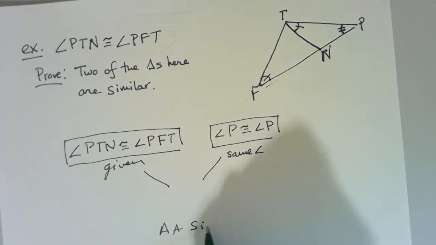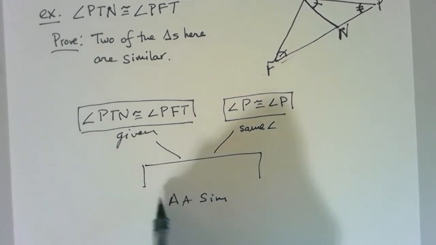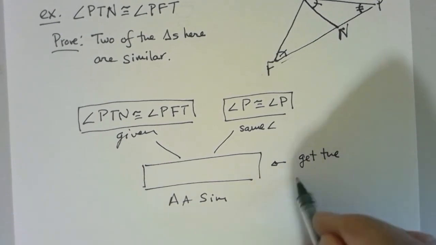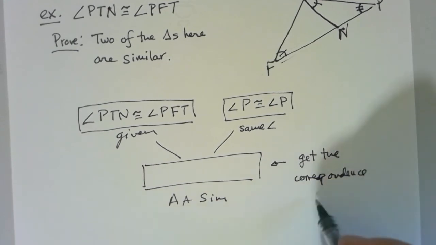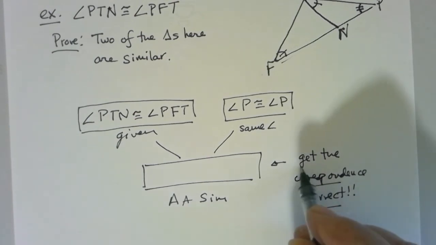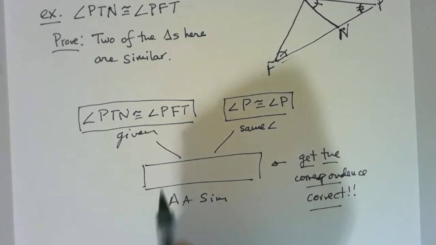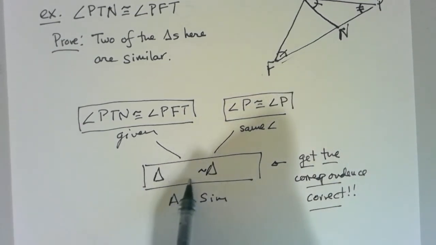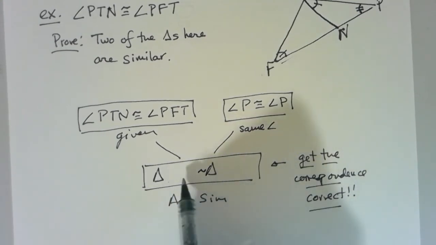One last thing here that will become critical with the next lesson. You have to get the correspondence correct. Even more so than with congruent triangles, with similar triangles, you have to make sure that when you write your similarity statement, the order that you choose the letters for one triangle and the order you choose for the other triangle reflects the correspondence.